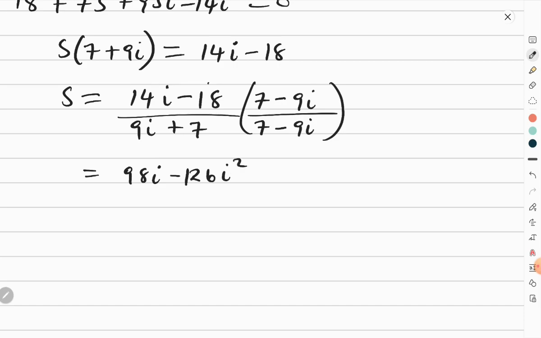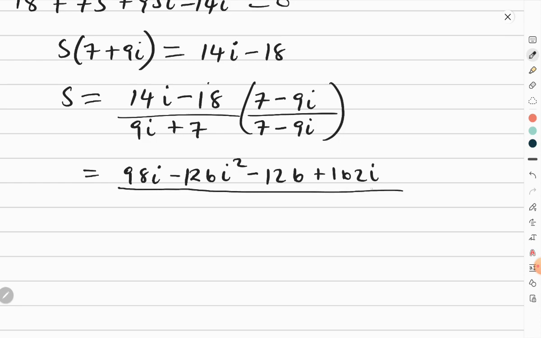Then 18 times 7. Since we have a negative, it is going to be negative 126. So we also have 18 times 9. That is going to give us positive 162i. So this is basically what we have.